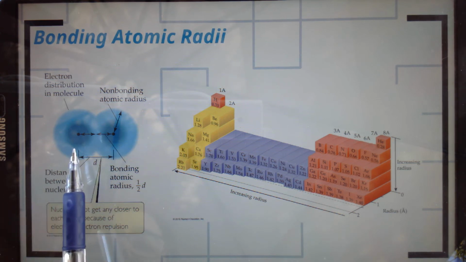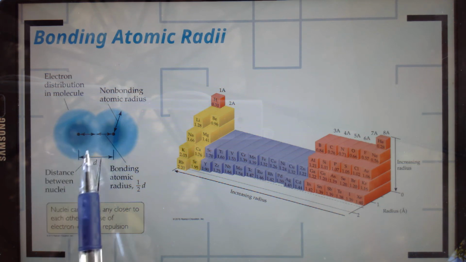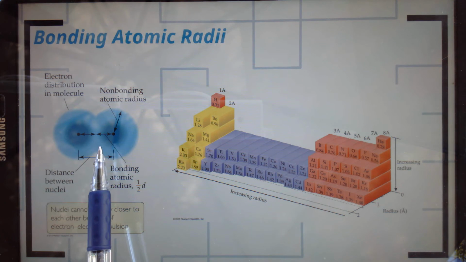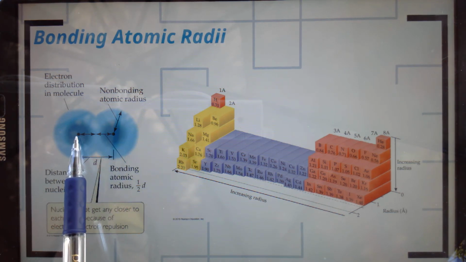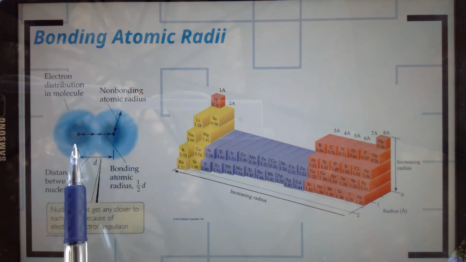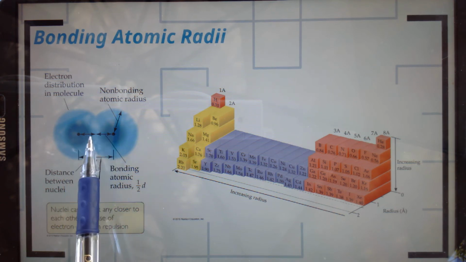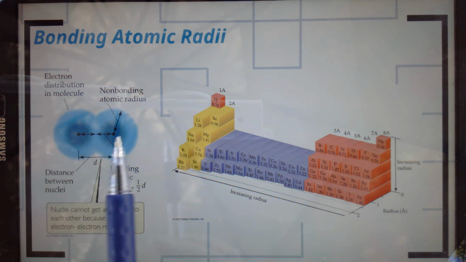So we take some sort of bond. The nucleus of the atom is the black dots, and the blue fuzzy part is the electron shell. The bond length is the distance between the nuclei, so we can approximate the radius of an atom by looking at the bond it forms.